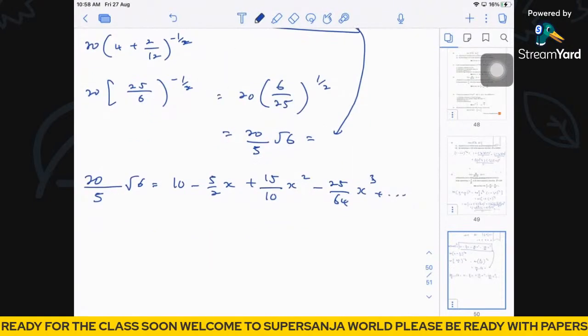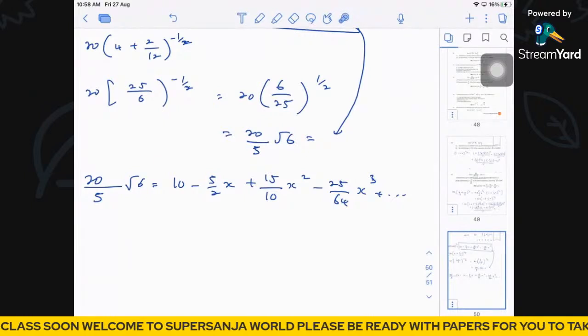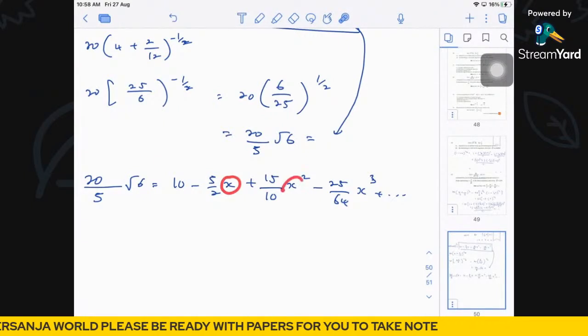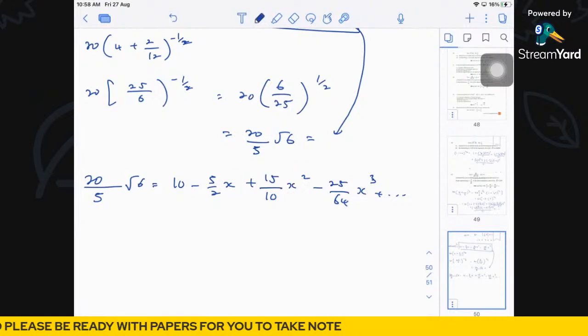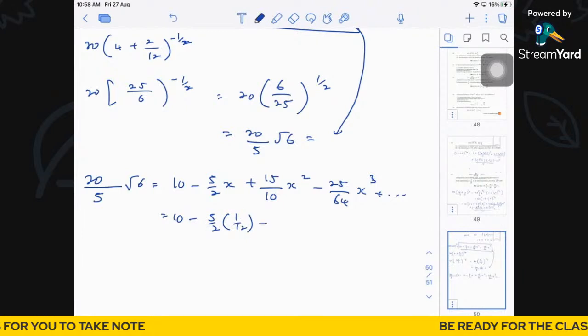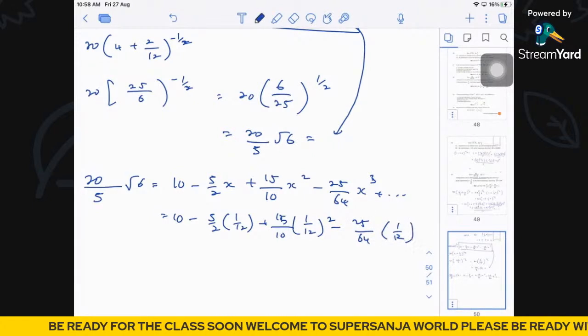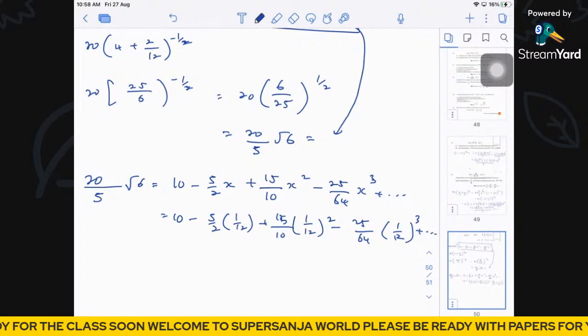Since I put 1 over 12 inside the x there, I must put 1 over 12 inside all of these x. So let's put 10 minus 5 over 2, 1 over 12, plus 15 over 16, 1 over 12 squared, minus 25 over 64, 1 over 12 power of 3, dot dot dot.